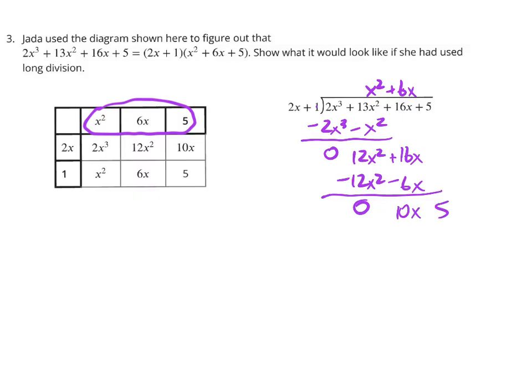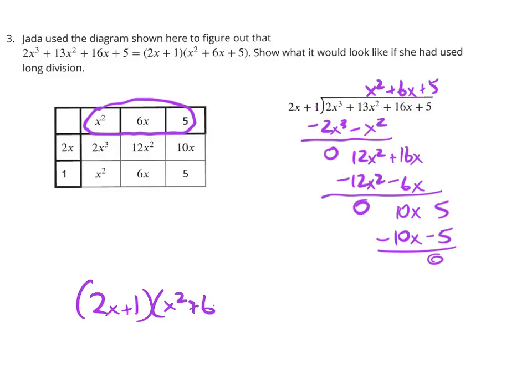What times 2 is 10? 5, positive 5. 5 times 2 is 10x. 5 times 1 is 5. Change both signs, you get 0. So, we've proven that 2x plus 1 and x squared plus 6x plus 5 are factors of the polynomial.